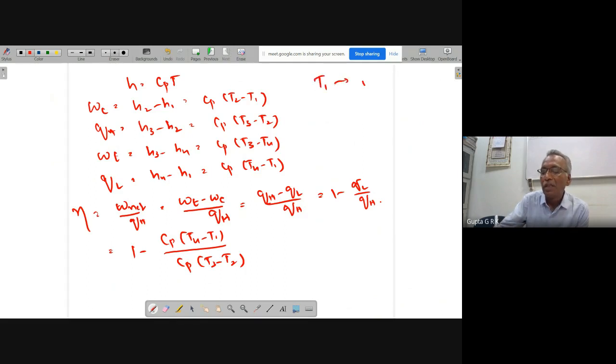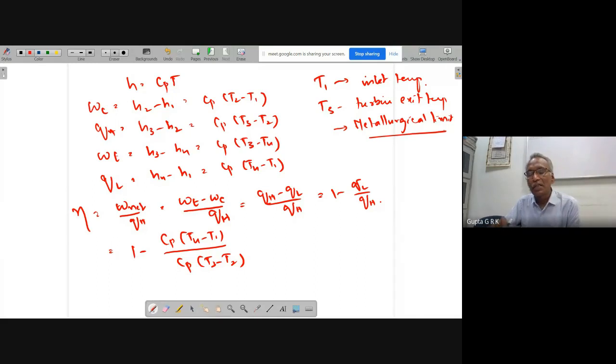T1 is the inlet temperature, and T3 is the turbine inlet temperature. This is also called the metallurgical limit. And the other parameter we introduce, I'll put it as small t, which is T3 by T1. Maximum temperature by minimum temperature of the cycle.